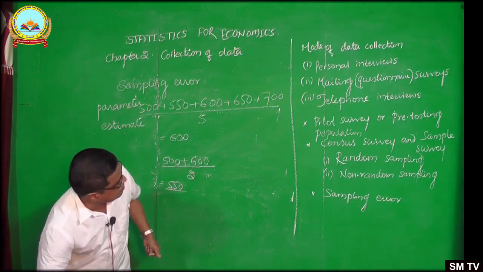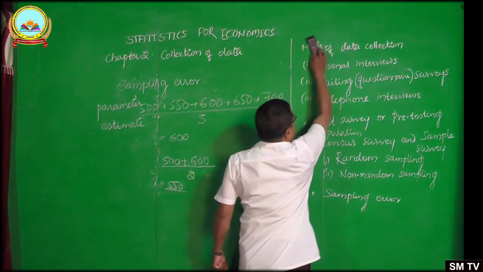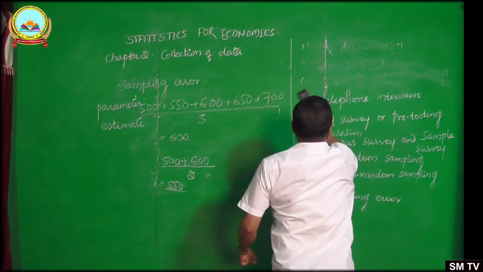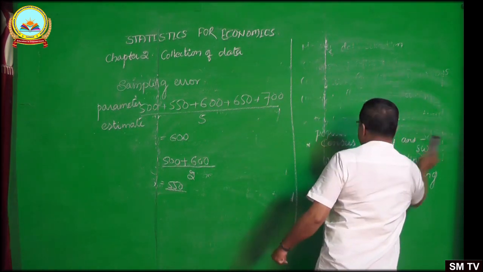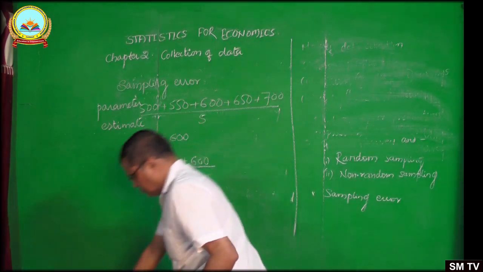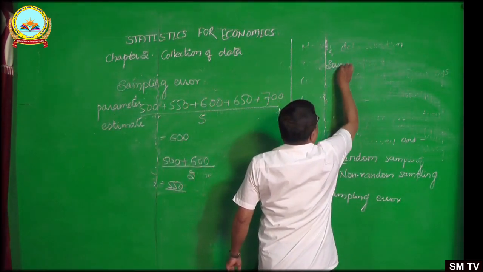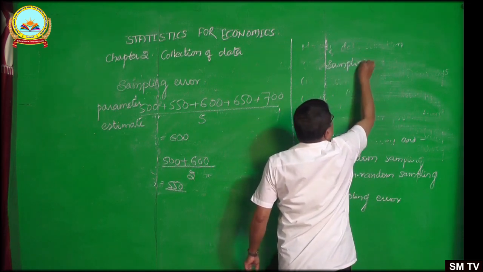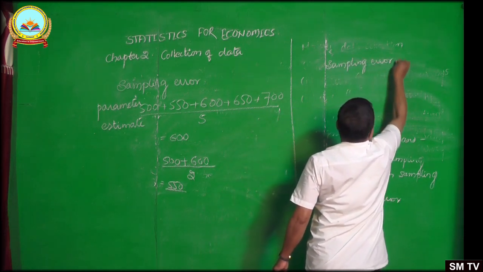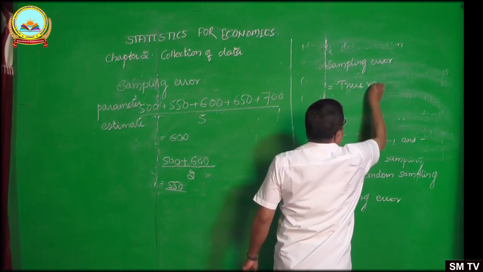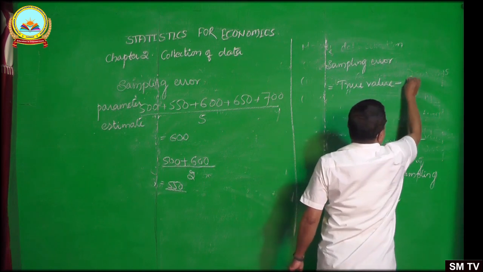Now the sampling error can be calculated. So sampling error is equal to the true value of the parameter minus the estimate.